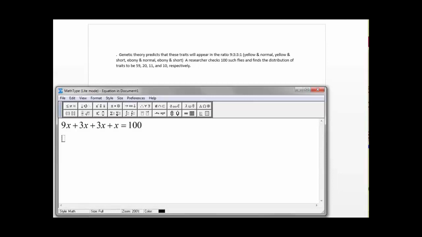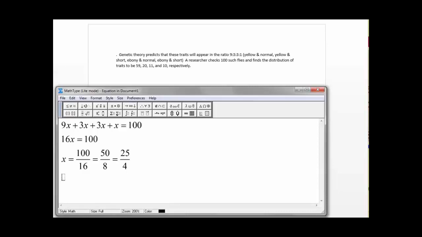So if I add this up, 9 plus 3 plus 3 plus 1, I get 16x equals 100. So what does x equal? x equals 100 divided by 16. Of course, we can reduce that: 50 over 8, then 25 over 4. And it doesn't reduce evenly after that.